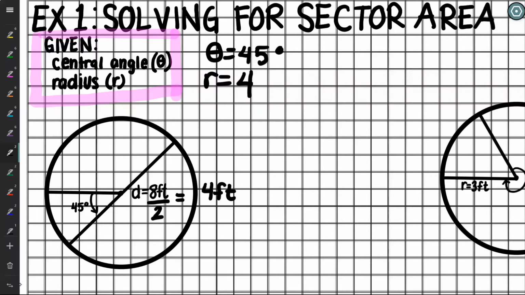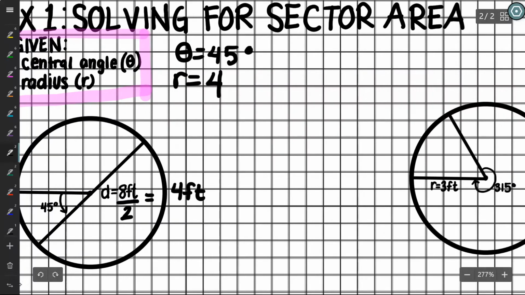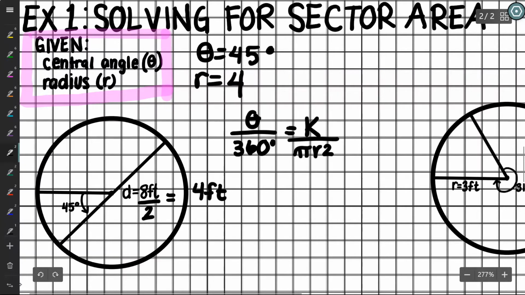Alright, now next thing I want to do is set up my proportion. So I'm going to have theta over 360 equals k over pi r squared. And I'm going to substitute in the two values that I have. I'm going to write these in color.